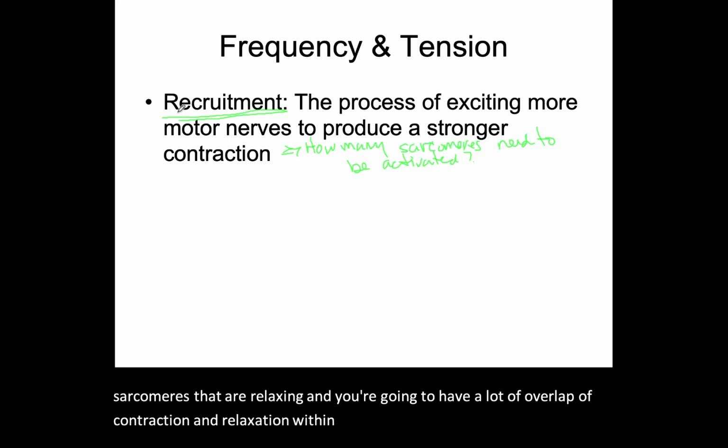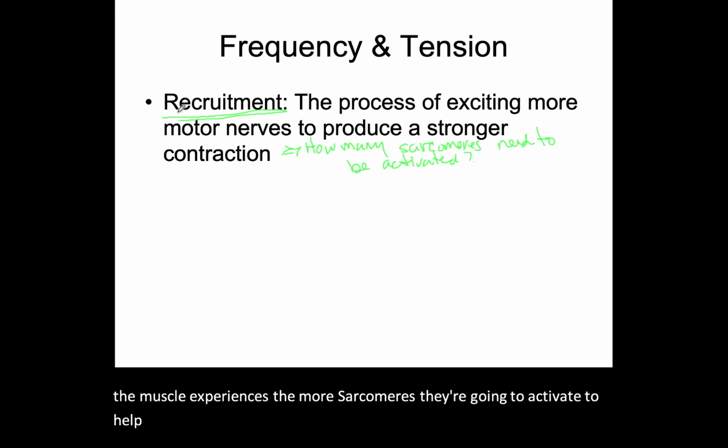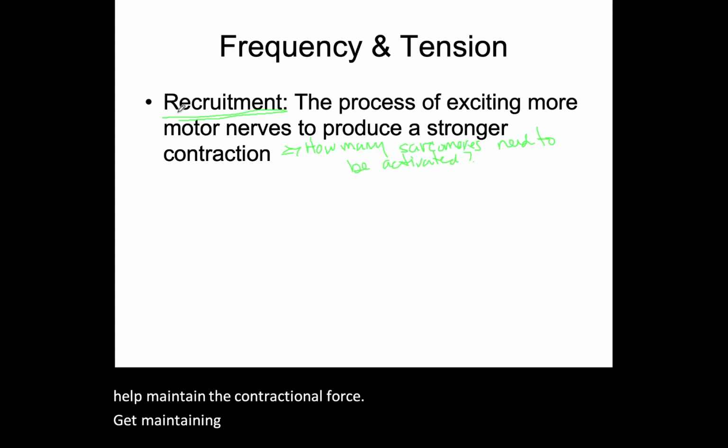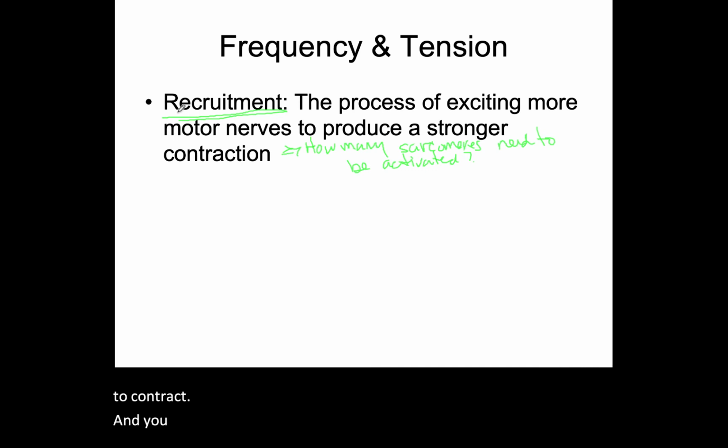But the more fatigue that the muscle experiences, the more sarcomeres they're going to activate to help maintain the contractional force. Again, maintaining. So while some are relaxing, others are picking up the slack to contract, and you maintain the contractional force.